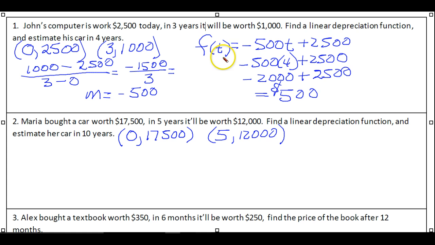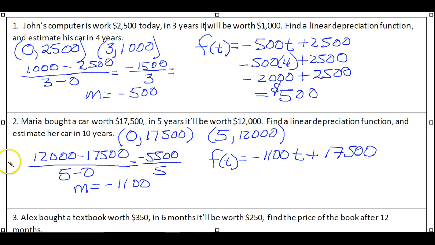And they want you to write an equation like this, following the same procedure. Let me give you a chance to do that. So we figure the slope here, subtract this from that, and get a negative 1,100. So there's our formula in standard form.